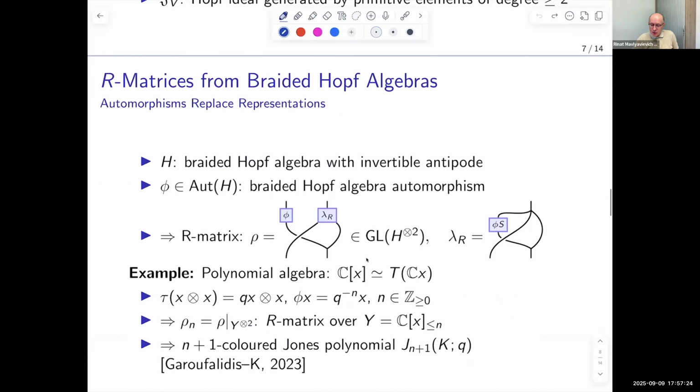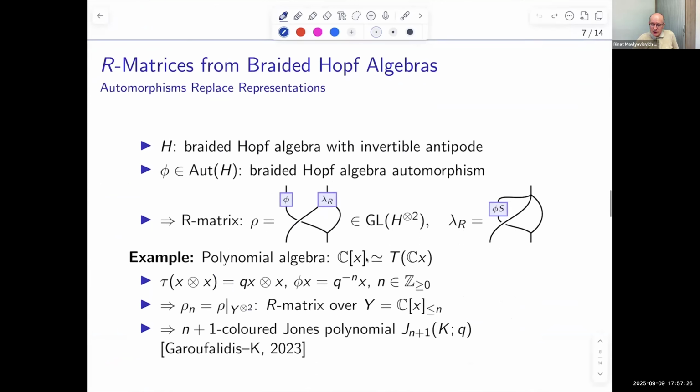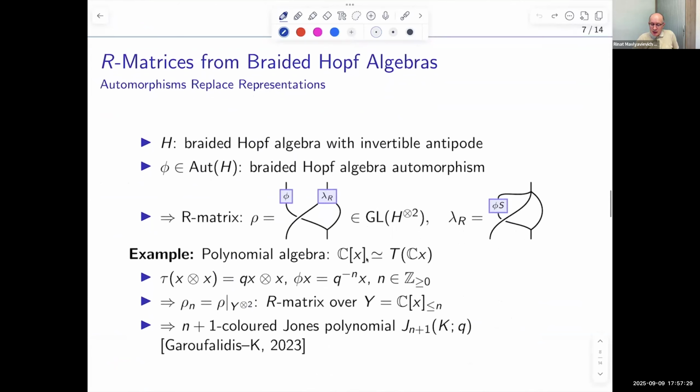Now let me turn to R-matrices. What we do now, we suggest an alternative construction of R-matrices, starting from braided Hopf algebras as input. So let H be a braided Hopf algebra with invertible antipode, and the extra piece of data which we use is a choice of an automorphism of this braided Hopf algebra.